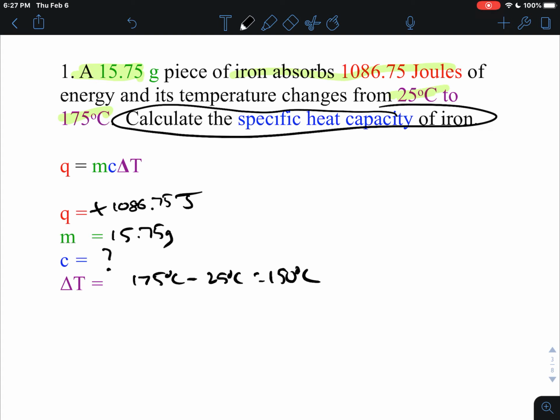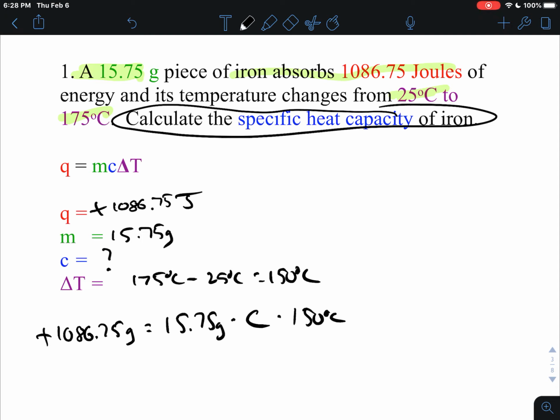Now all we need to do is sub everything in and solve. So Q equals mc delta T. So positive 1,086.75 joules equals M, 15.75 grams, times C, which is unknown, times delta T, which is positive 150 degrees Celsius. Now we just need to do some algebra.